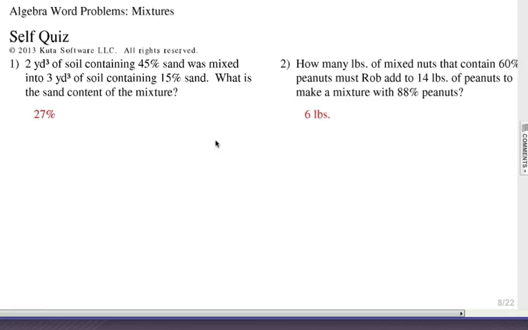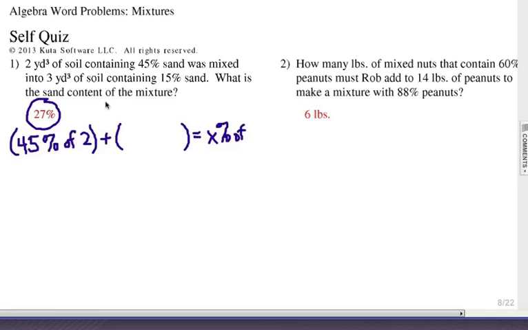All right, number 1, I'm giving you the answer of 27%, and I'm going to work that out. But let's read the question and set up our equation and see what happens. 2 cubic yards of soil containing 45% sand was mixed into 3 cubic yards of soil containing 15% sand. What is the sand content of the mixture?